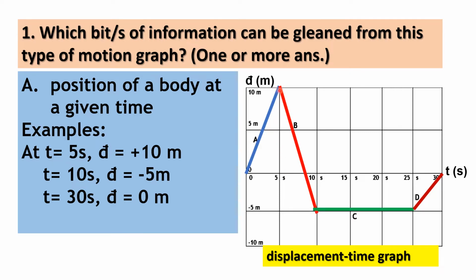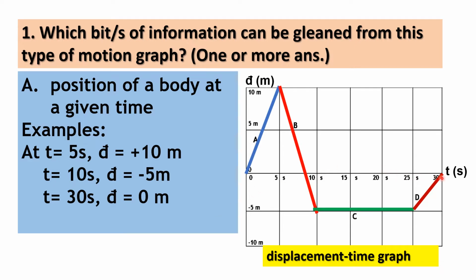And that is based on the second segment of the graph, the red graph line. Here it is. So at that specific time or instant of 10 seconds, what is the corresponding displacement or position? It is -5.